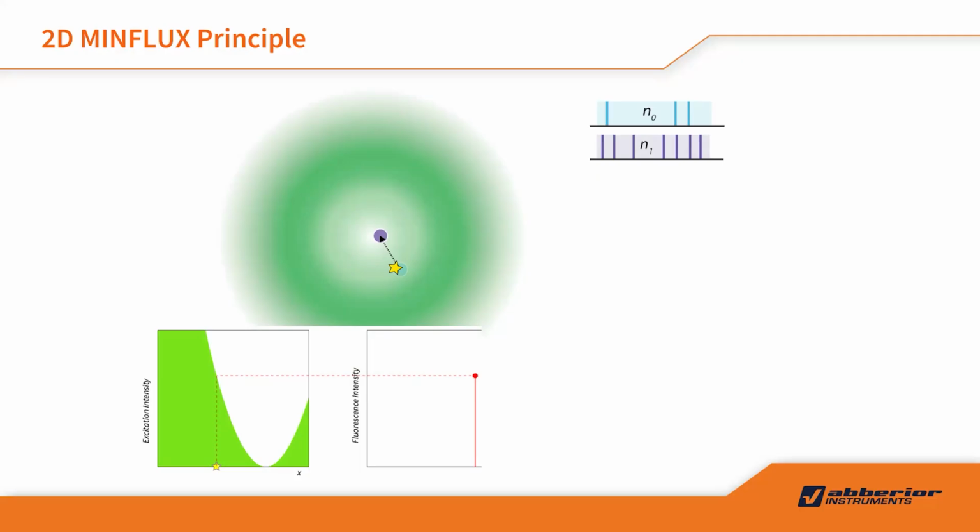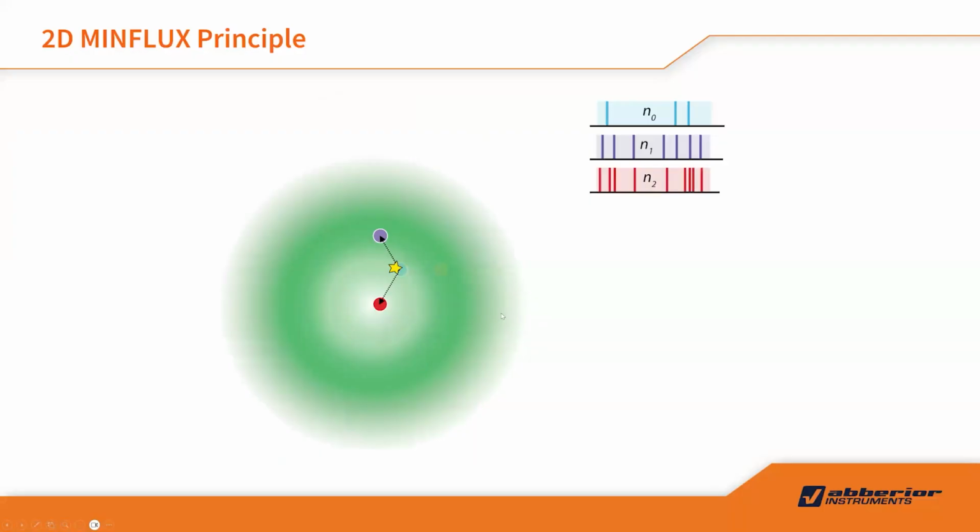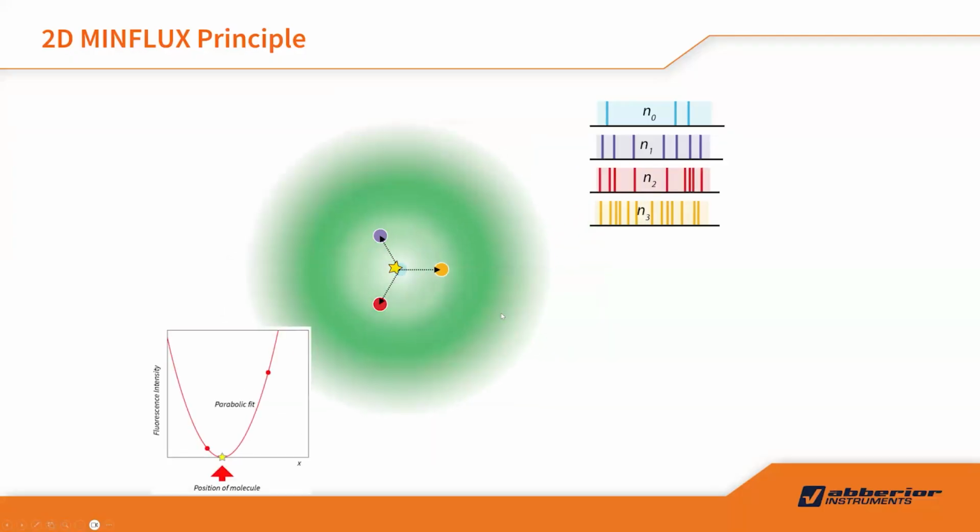Then based on the mathematics behind, we move to a third position and a fourth position. Based on the signal photons and their positions, we can calculate the exact position of that molecule.